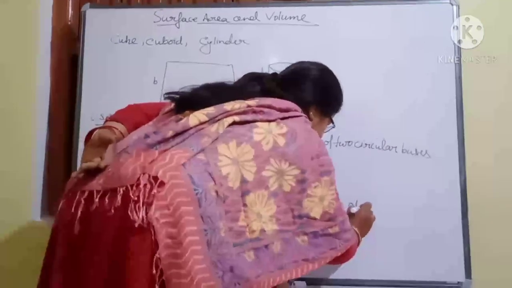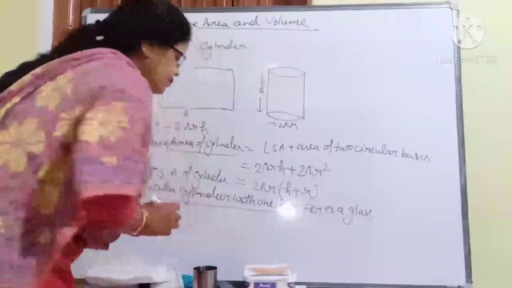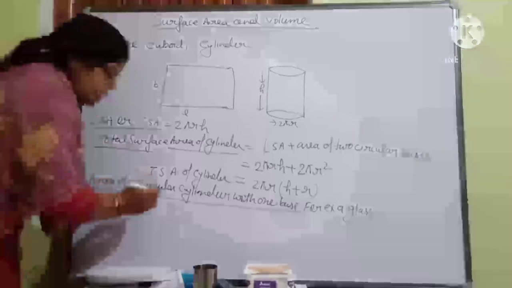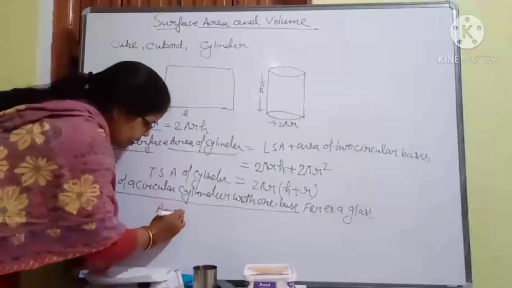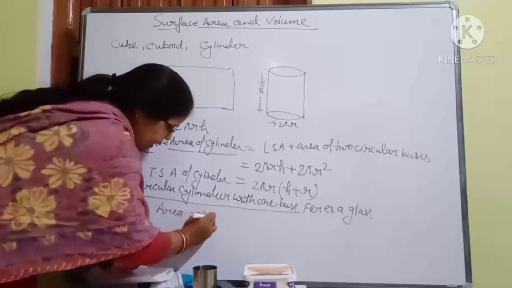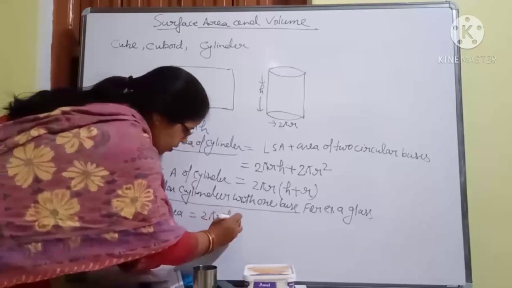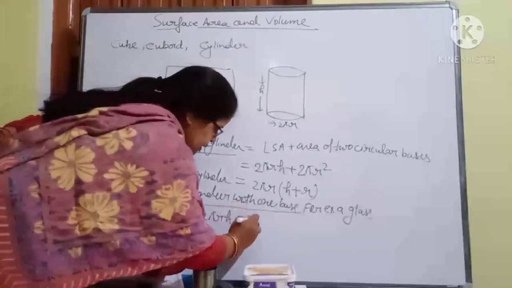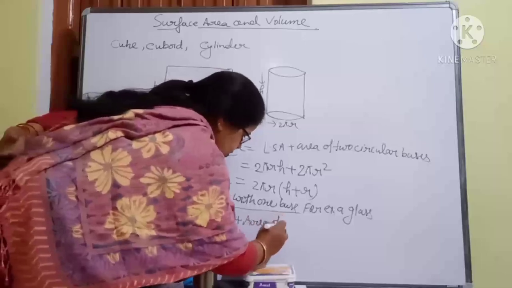At that time its area will be 2 pi rh plus area of one base, area of one circular base.